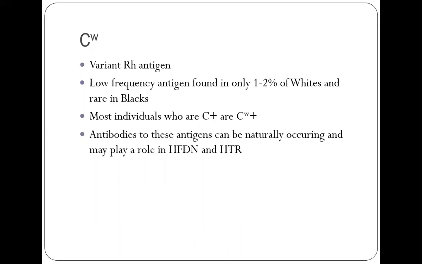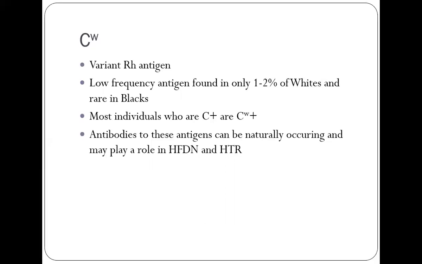Another variant Rh antigen that I wanted to mention is the CW. You will see this on a panel. It's a very, very low frequency antigen, so not a lot of people in the population have it. When you check the panels, you're going to see that out of 16 or 20 cells, only about 1 or 2 cells are positive for this antigen, because it's only found in about 1 to 2% of whites, and it's very rare in blacks.